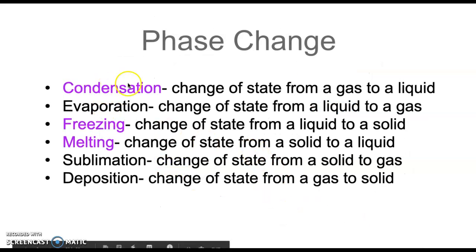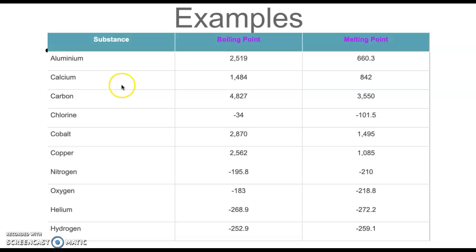So here's some more detailed explanation of the phase change terms. And here you have examples of various elements, the temperature for boiling point and the temperature for the melting point. Very, very high and very low temperatures compared to what takes place with water.